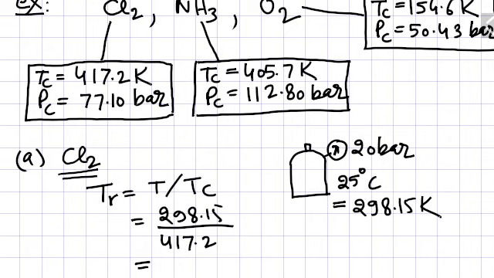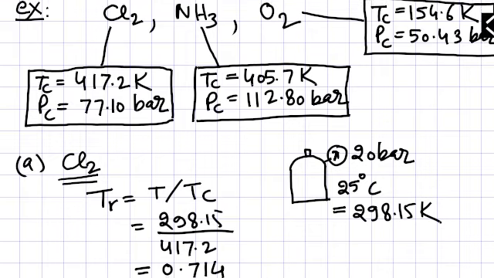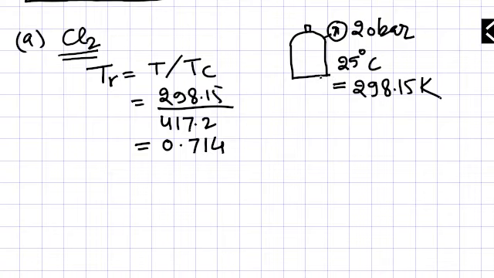When you calculate it, you will get a value of 0.714. You can write only 3 digits. So this is the reduced temperature of this gas. And what is the reduced pressure? It is very simple to calculate.